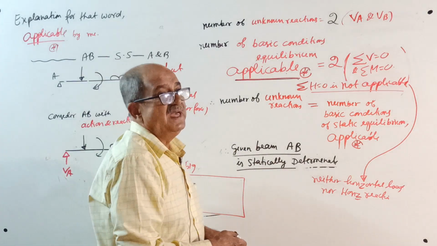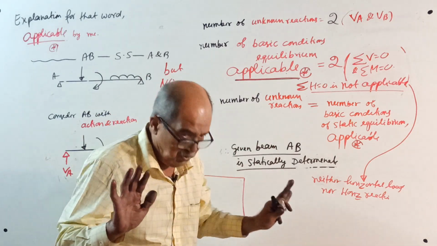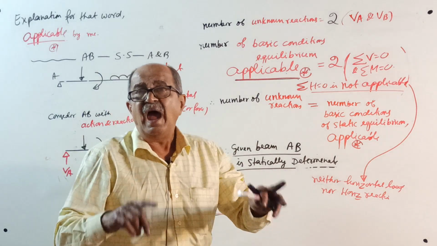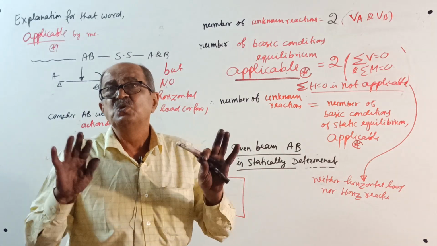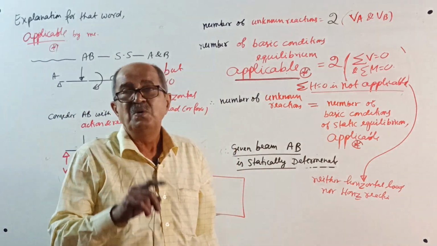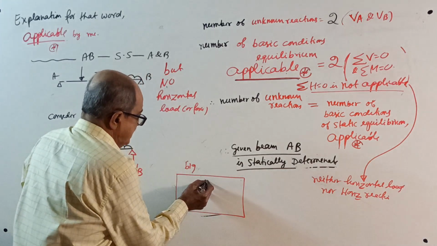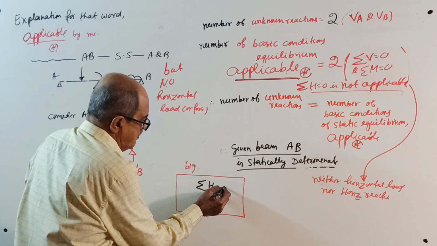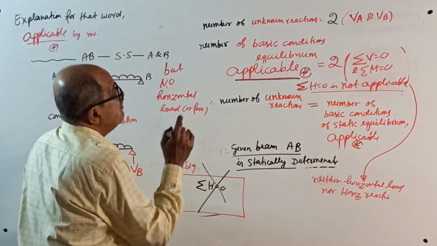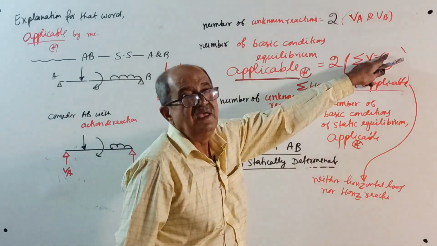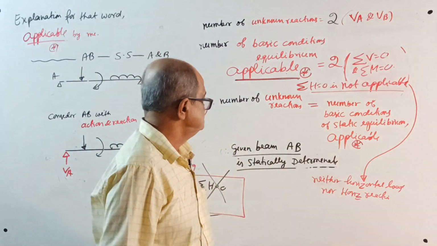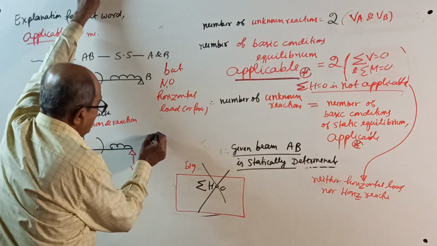If there is no horizontal force or load and also there is no horizontal reaction, both should not be there, then sigma H equal to 0 is not applicable, and the basic equilibrium will be only sigma V and sigma M. Remember now, but be careful.